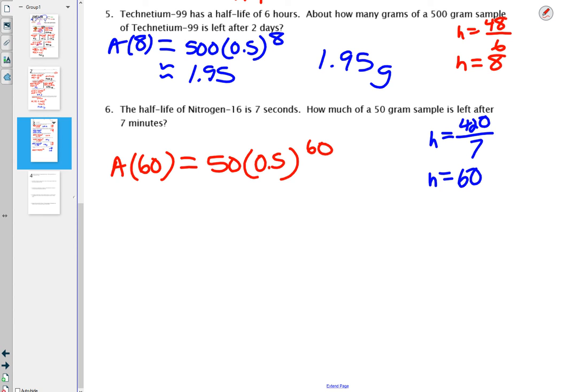It gives it to me in scientific notation. So that's like 4.34 times 10 to the negative 17.